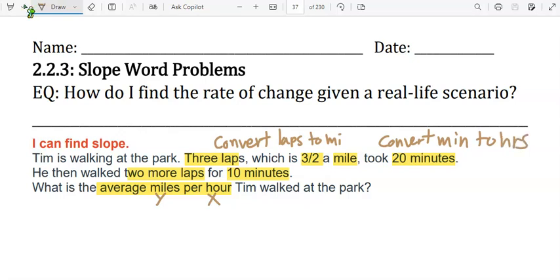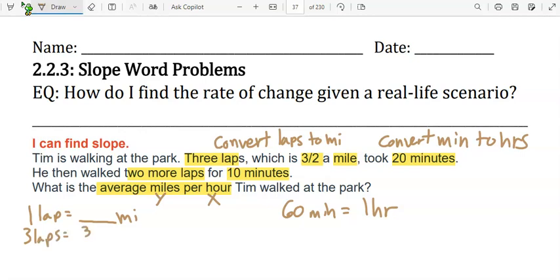So let's find some things. 1 lap is going to equal some amount of miles. And we know that 60 minutes is equal to 1 hour. We don't know what 1 lap is, but we do know that 3 laps is 3/2 of a mile.